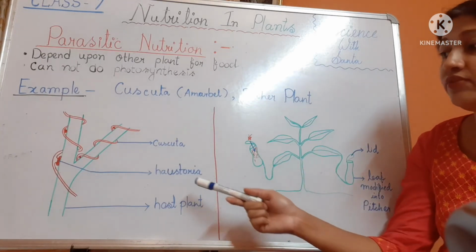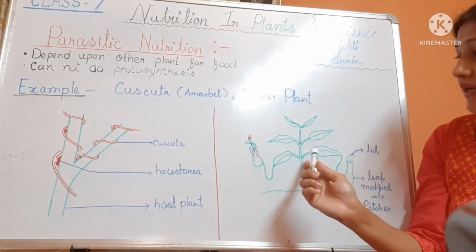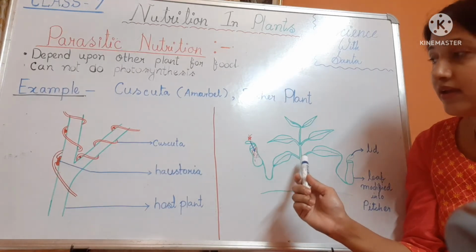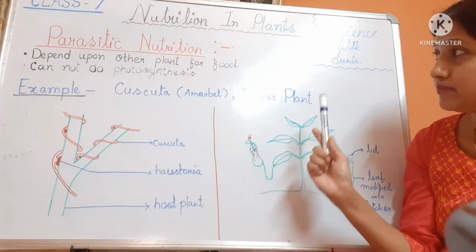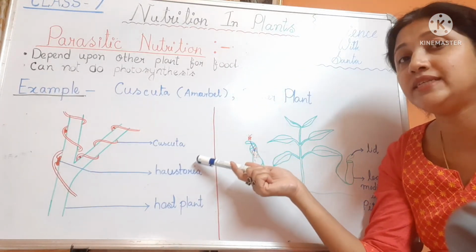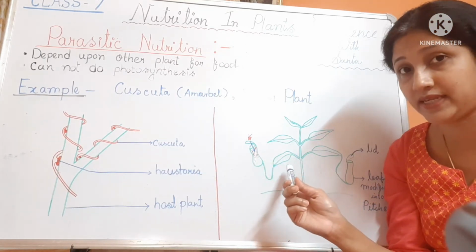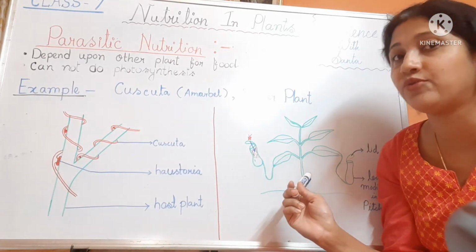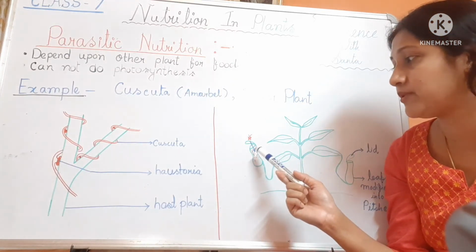Parasitic nutrition is of two types: total parasite like Cuscuta, and partial parasite like pitcher plant. Total parasitic plants cannot do photosynthesis, whereas partially parasitic plants can do photosynthesis, but depend upon the insect only for nitrogen.